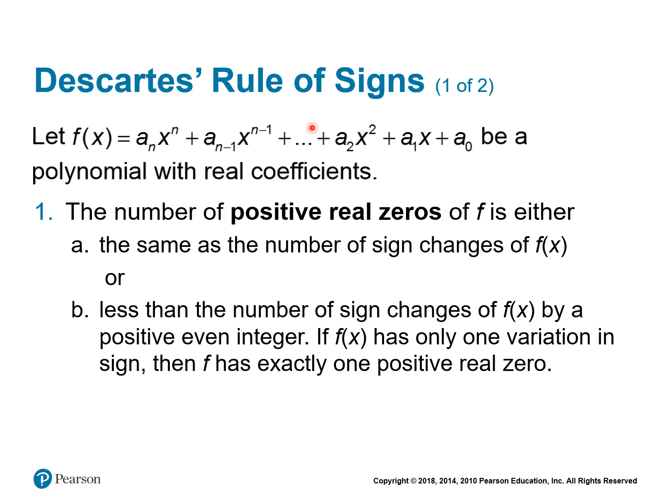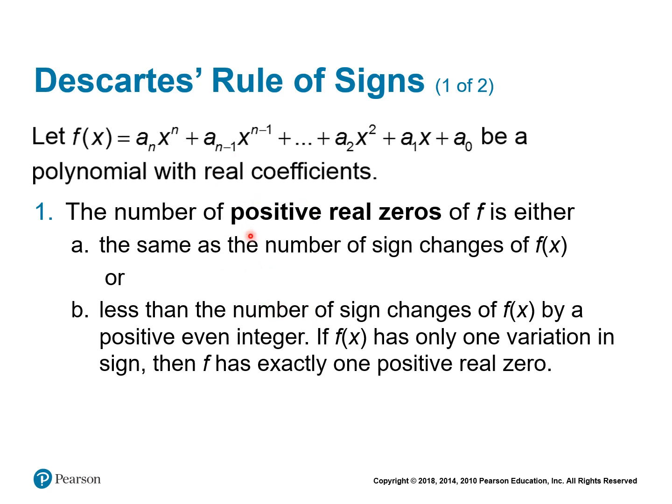Previously, we learned how to narrow down the possible rational zeros of a polynomial function, right? Here, this rule will help us determine how many positive and how many negative roots we can expect from a polynomial. So I'm going to read through this, and then once we discuss an example, it'll become more meaningful.